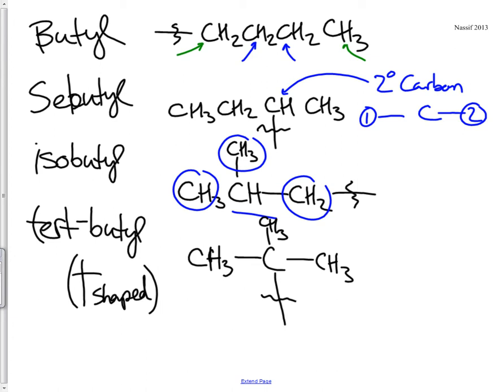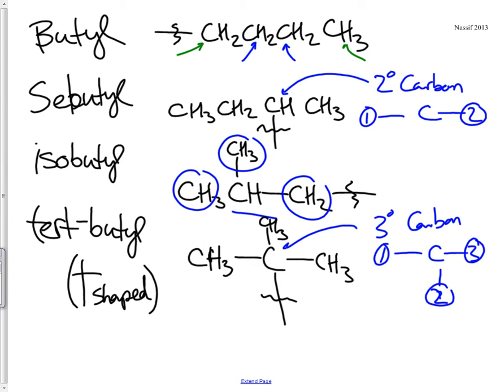And your attachment point is right there on the tertiary carbon. So you can think of it as T-shaped or tertiary carbon, as you have a carbon with 3 groups attached.